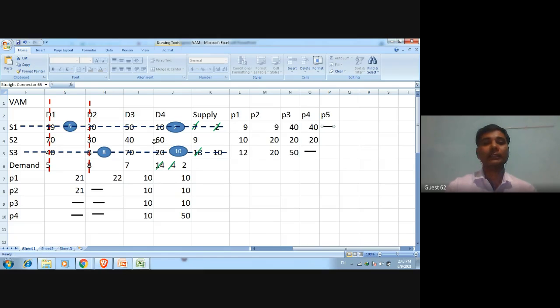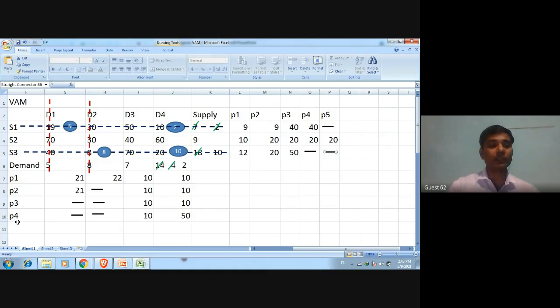In row 2, there are two quantities, which are 40 and 60, so the penalty for these two is 20. And for row 3, there is no need to calculate the penalty, so we will draw a dash here. I have drawn a dash.